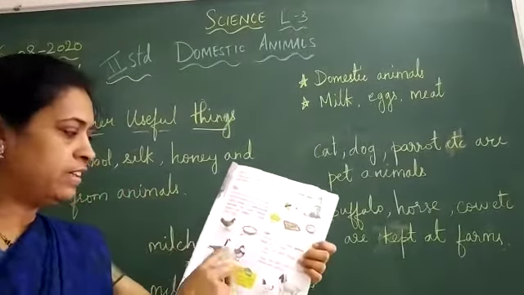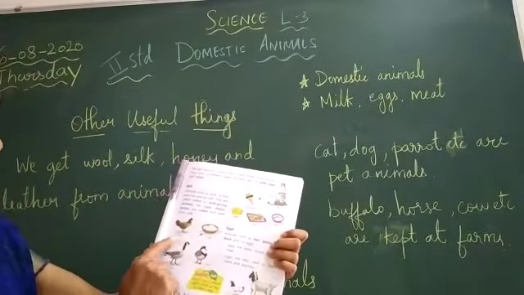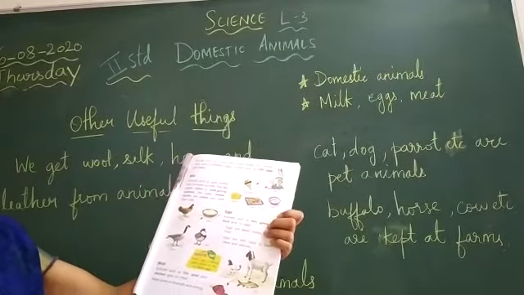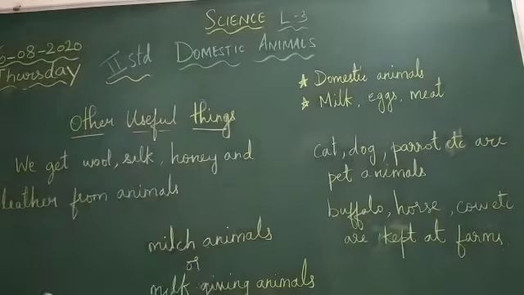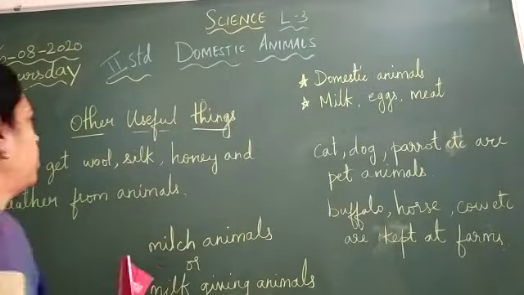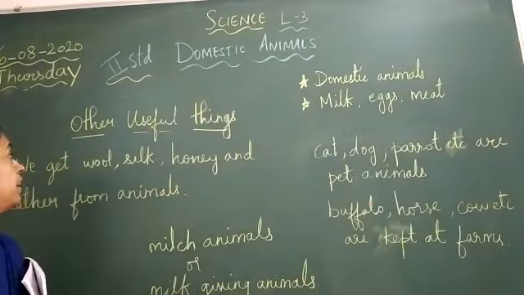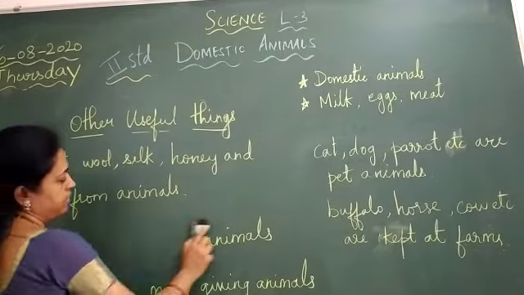So you can see the picture here. We get eggs from hen, goose, duck, and we get meat from chicken, fish, goat. So let us move on to the next topic, that is other useful things that we get from these animals.